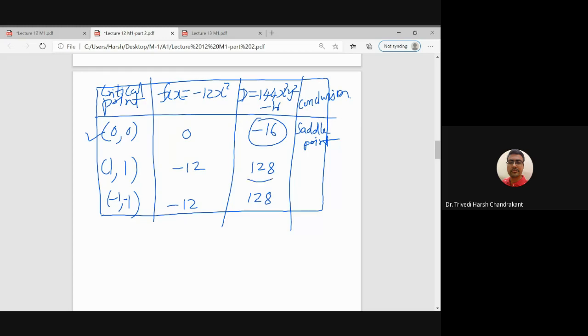For these 2 points, D is positive. So depending on the value of fxx, we decide whether it is local maxima or not. In both cases the value of fxx is negative. That means at both these points we have a local maximum value.